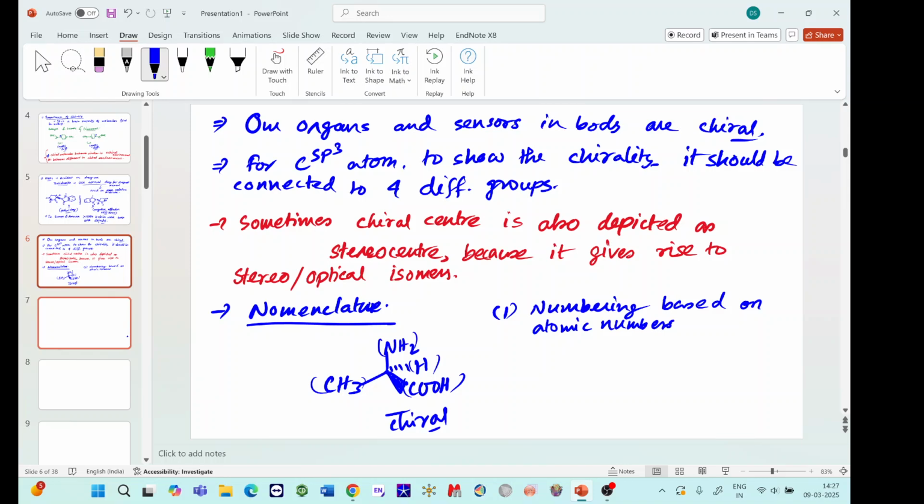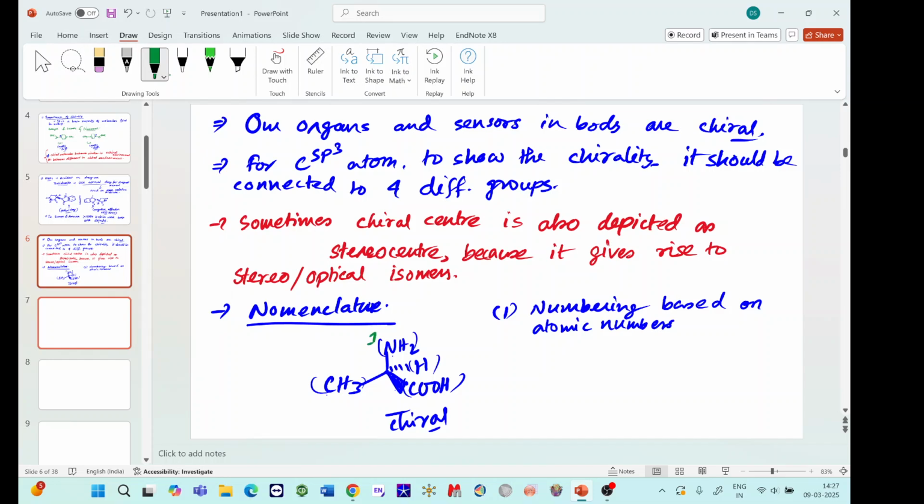You have to prioritize the groups. The element that has the higher atomic number will be considered first. Among nitrogen, carbon, carbon and hydrogen, nitrogen has the maximum atomic number, so it will be termed 1.